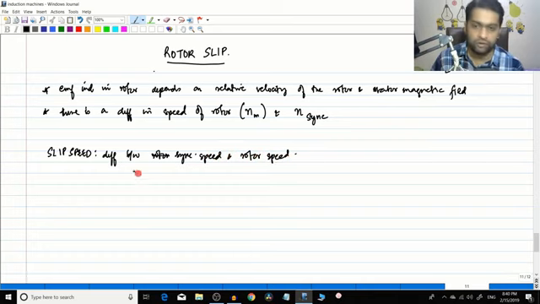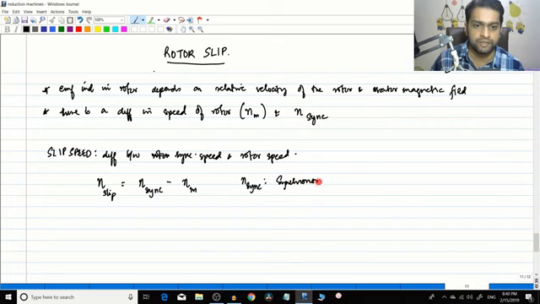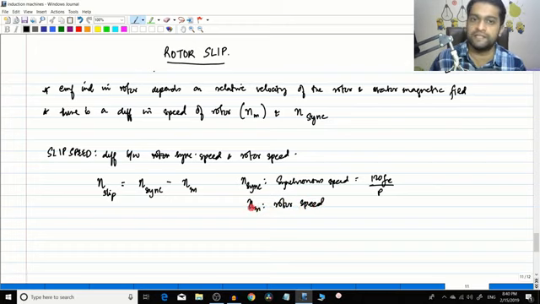So we can write the slip speed N slip equal to N synchronous minus Nm, where N synchronous is the synchronous speed, equal to 120 F electrical divided by P. Nm is the rotor speed, the actual speed of the rotor. There is a method to find this, but we will use it some other time. Now we want it in terms of slip. So this is the definition of slip speed.